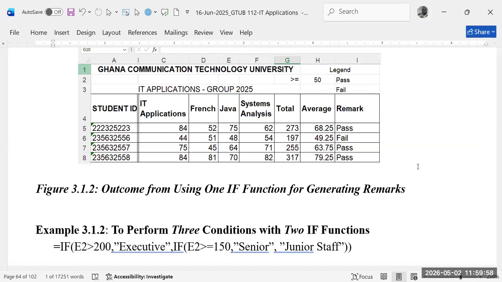The heading is average, so you should know.